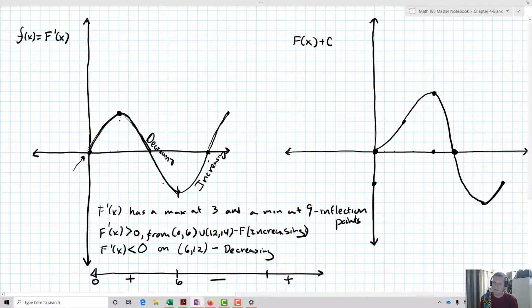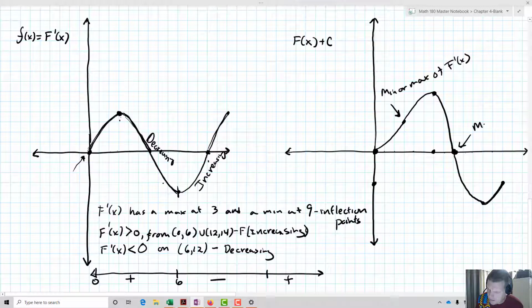So what we see here is that this inflection point is a min or max on f prime. On the derivative, same here, that's a min or max on f prime. And how we make that determination is based upon whether we're increasing or decreasing.